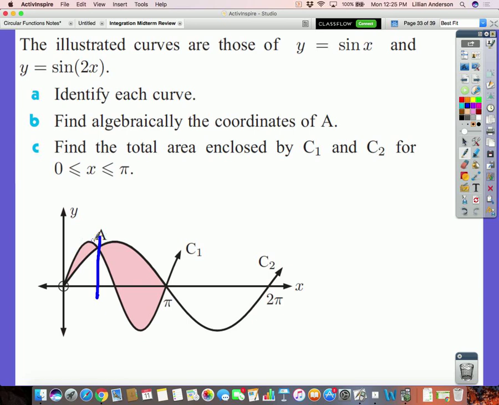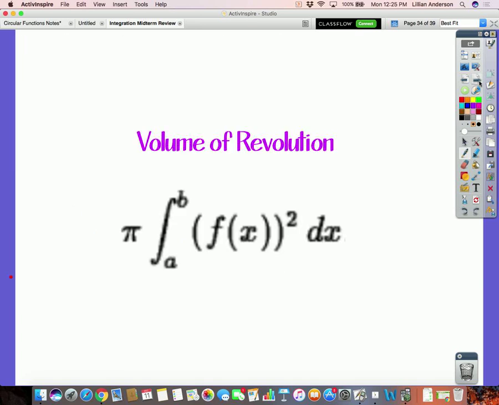So you would do C1 minus C2, just from 0 to that particular x value. But after that, from that x value to pi, which curve's on top? So then you would have to do basically 2 different integrals, find those 2 areas, and then add them up together. So be cautious of when ones cross each other or cross the x-axis. It does make a difference.